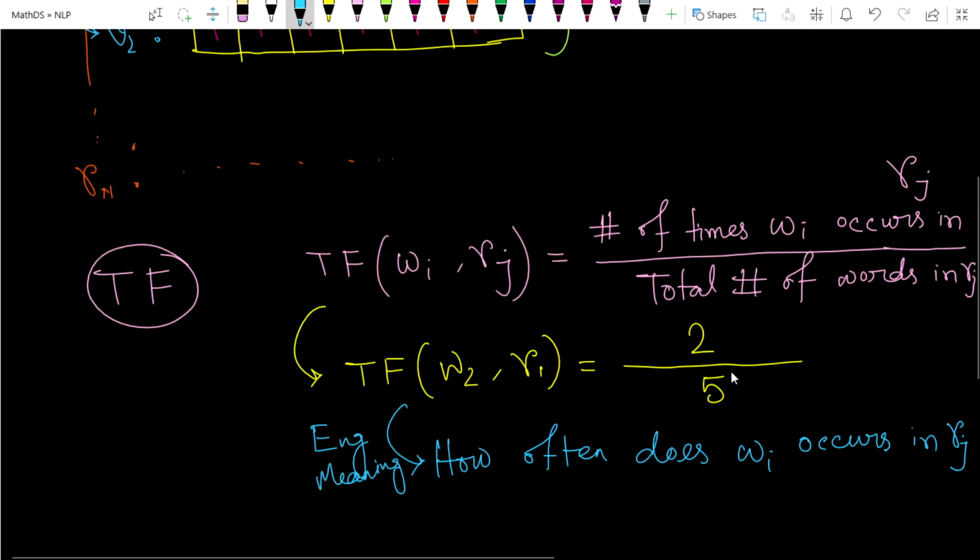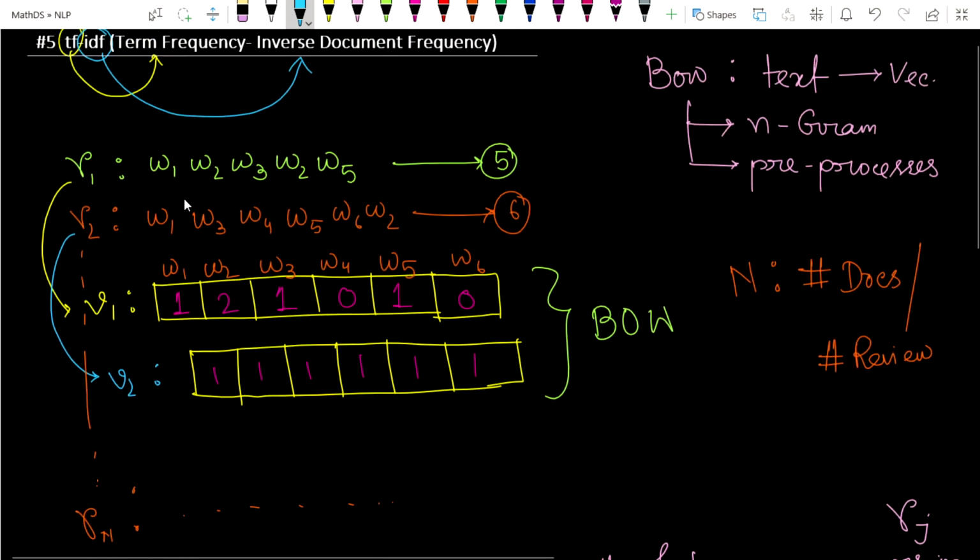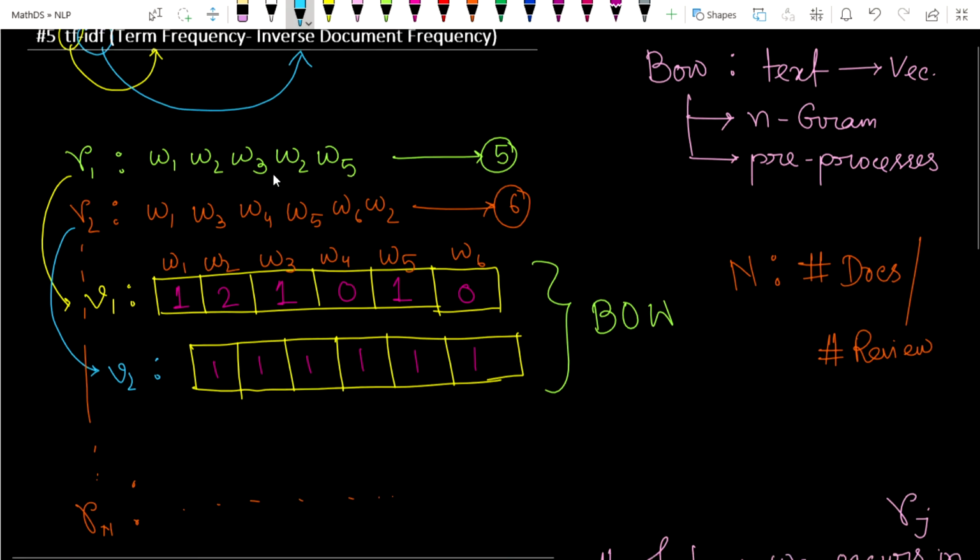So here, what will be the maximum value? The maximum value will be 1, meaning in a single sentence, it's the number of times that it occurs. So it depends on how many words we have in a sentence. That's the meaning.